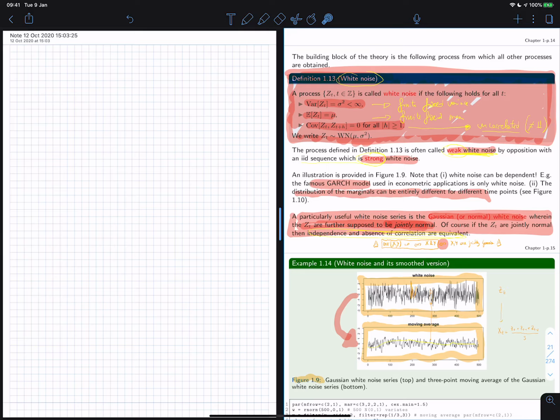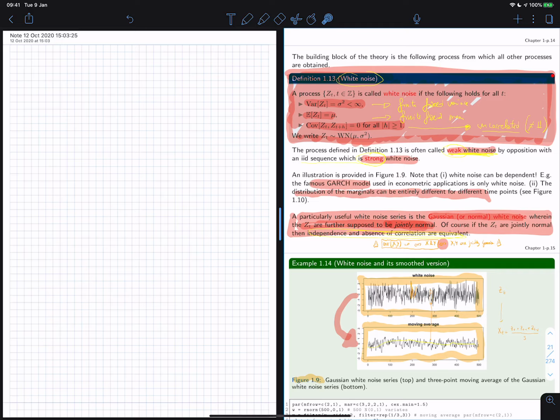But a white noise is just a collection of random variables which have fixed variance, fixed mean, and which are uncorrelated. So not independent, but uncorrelated. Of course, the classical example would be a sequence of IID normal random variables, but that's a very specific kind of white noise, and we will prefer to keep it general because it's not useful to do the theory only for the jointly Gaussian case.